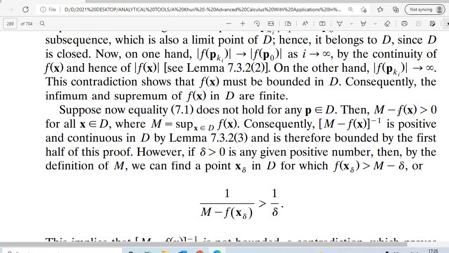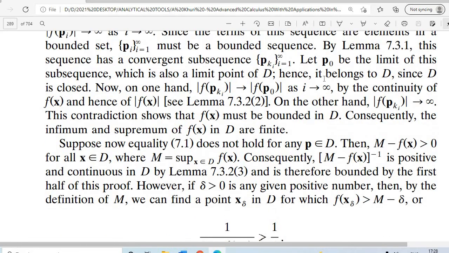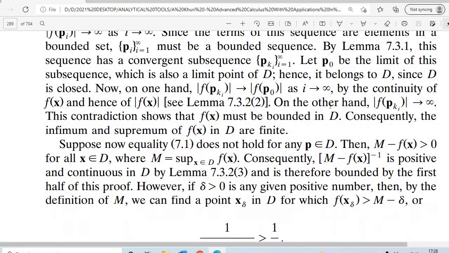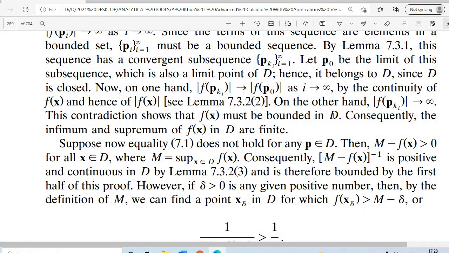So since it is positive and continuous in the bounded set D, തൊട്ട് മുകളിലുള്ള പാരഗ്രാഫിൽ പറഞ്ഞതുപോലെ തന്നെ ഇവിടെ നമുക്ക് m minus f of x raised to minus 1 എന്നും പറയാം. ബൗണ്ടഡ് ആയിരിക്കും. ഓക്കെ, ഫസ്റ്റ് പാരഗ്രാഫിൻ്റെ അതേ ആർഗ്യുമെന്റ് f of x ന് പകരം m minus f of x raised to minus 1 അപ്ലൈ ചെയ്തു. So the m minus f of x raised to minus 1 is bounded.